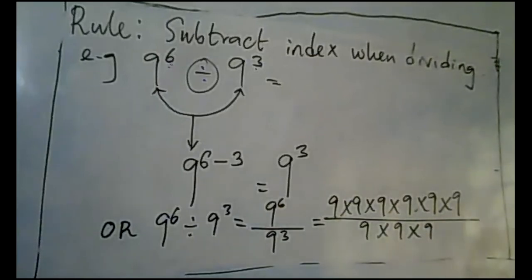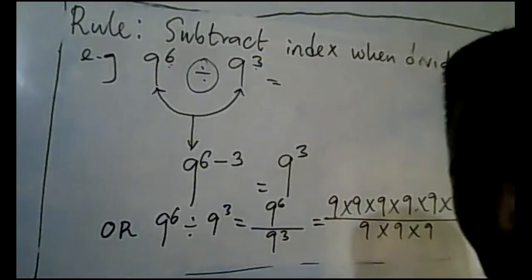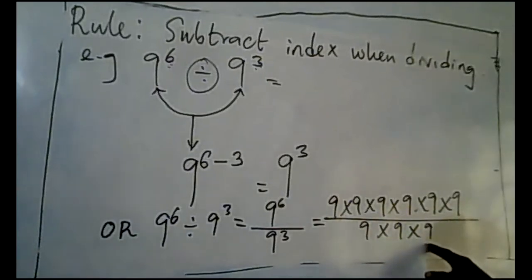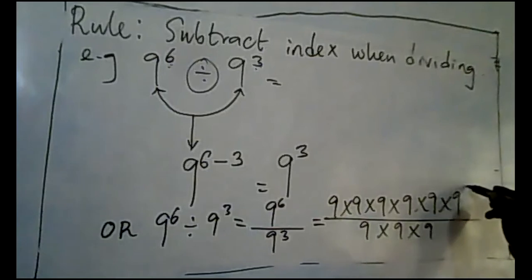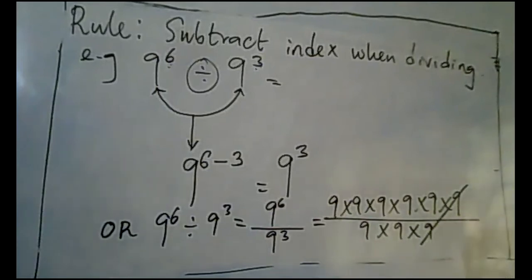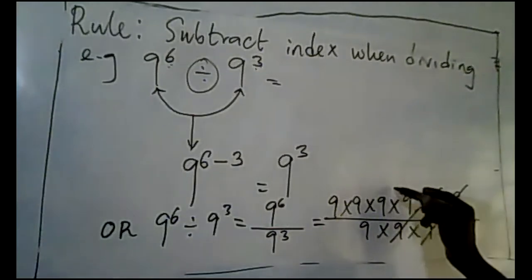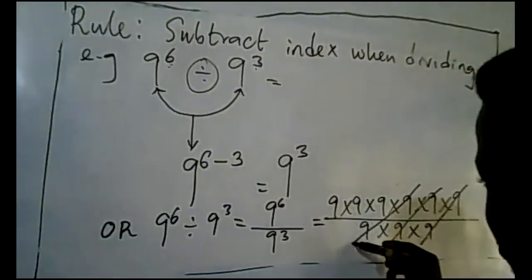All right. Now, the 9s downwards here will cancel the 9s above here. So this 9 will cross out that 9, that 9 will cross out that 9, and this 9 here will cross out this 9.